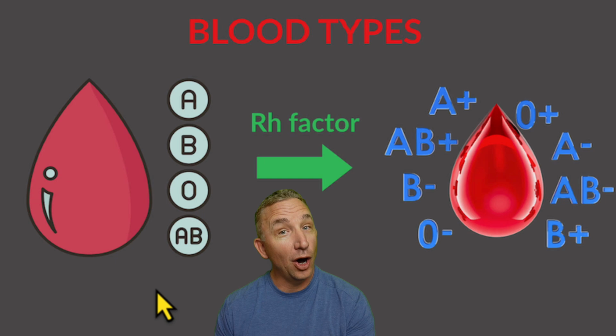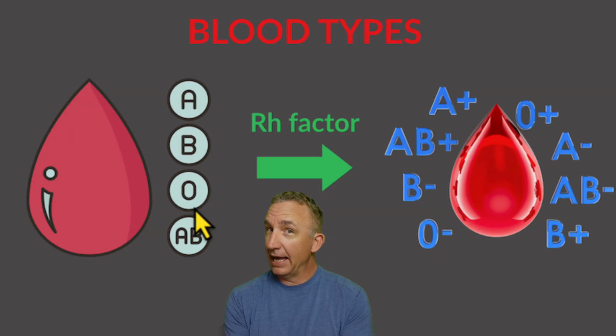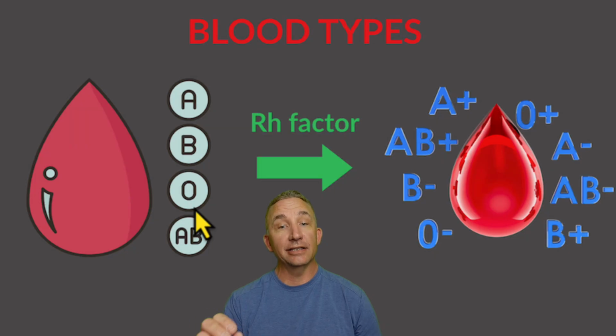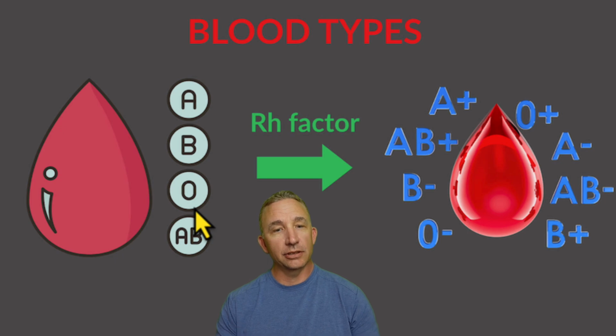When we talk about O, O has neither A nor B antigens, and it has both anti-A and anti-B in the plasma. That could be a little confusing, so I just remember it as the A, B, and AB describing the antigens that are on it. A has A antigens, B has B antigens, AB has both, and O has neither A nor B. And that's where we look at antigens and antibodies.